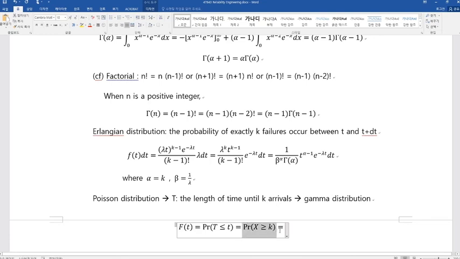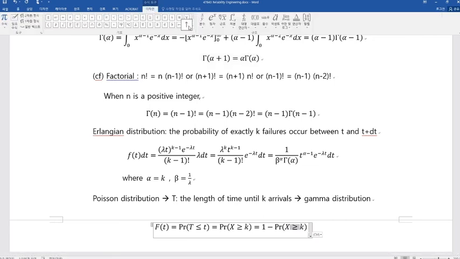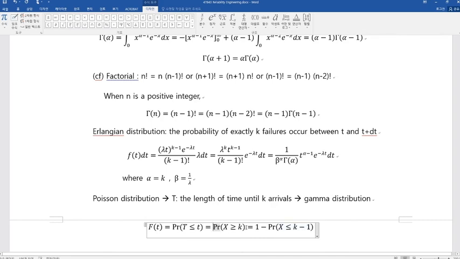So the probability that the number of arrivals is equal to or greater than k is the same as 1 minus the probability that the number of arrivals is less than or equal to k minus 1.